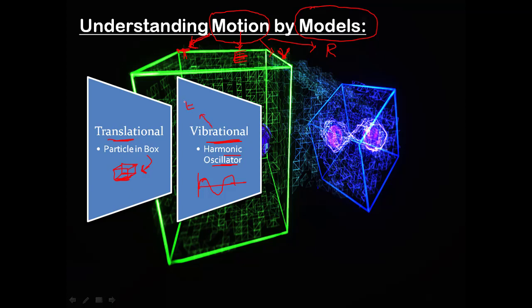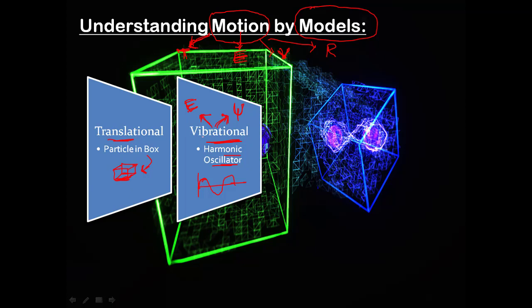There are two things to find: first is energy, second is the wave function, because the wave function tells about the probability of finding the particle and gives all the information about where the particle is residing, and energy tells the energy of any state.